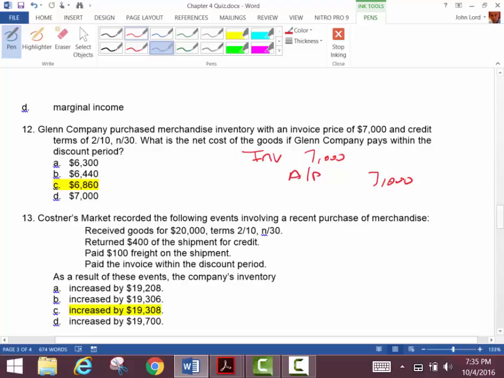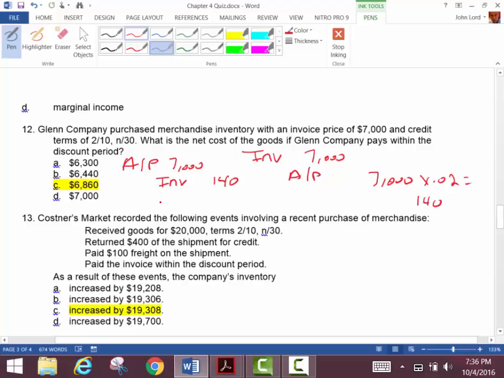Then I pay the guy within the discount period, right? So if I take the discount on that, 7,000 times 0.02 is going to be what? 140. So I'm going to debit the accounts payable for the full 7,000. I'm going to credit what? Yes, I will credit cash, but before I credit cash, I'm going to credit inventory for 140, right?